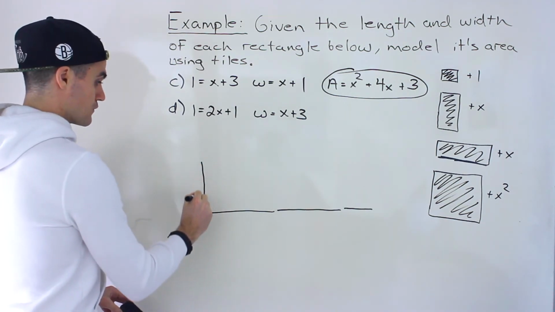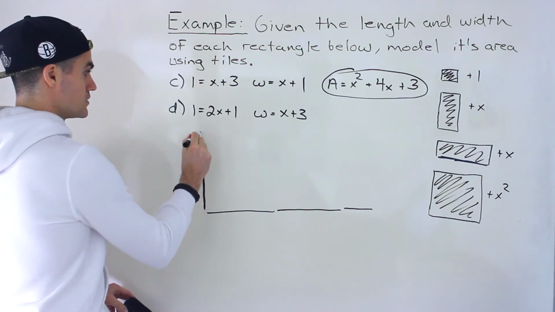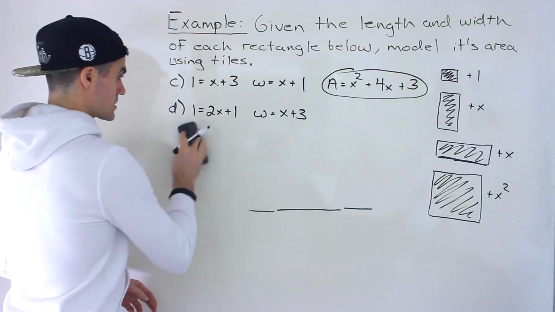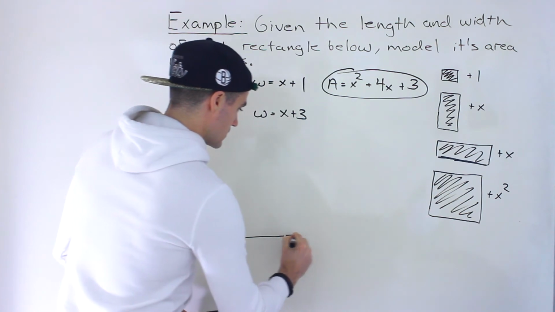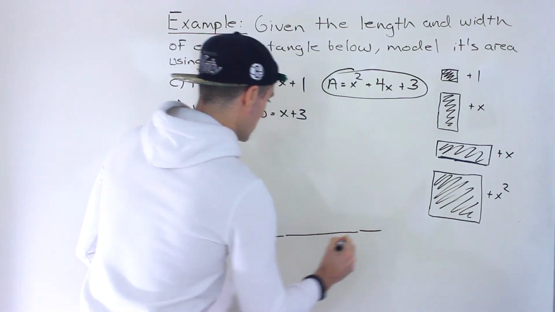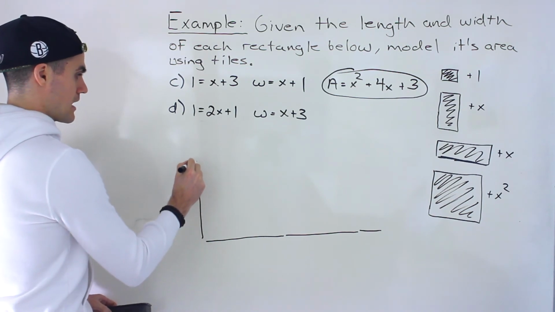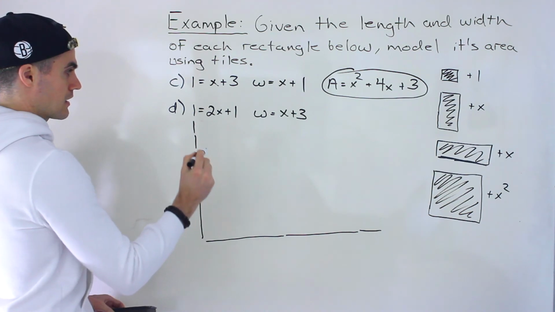So we would have a long line for the x, then we have 1, 2, 3. Kind of running out of room here. I just want to be able to show this clearly, so let's redraw this. So we got 2x plus 1, then we got the x like that. 1, 2, 3, like that.